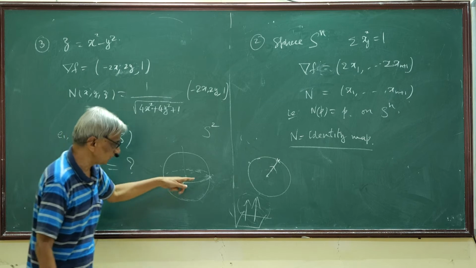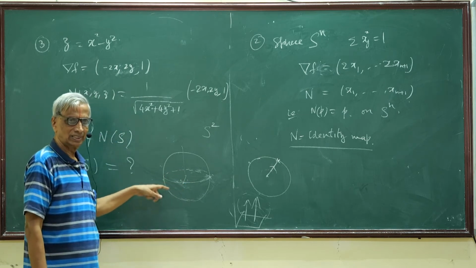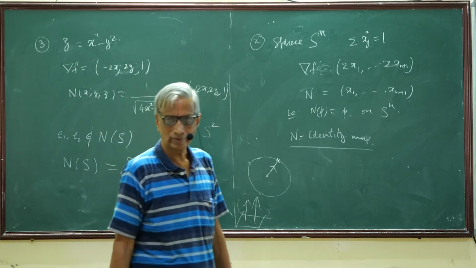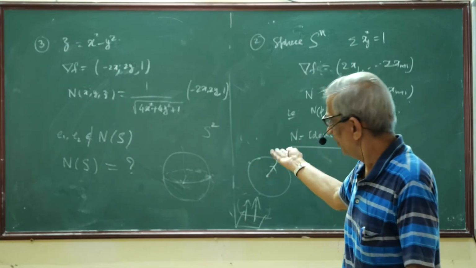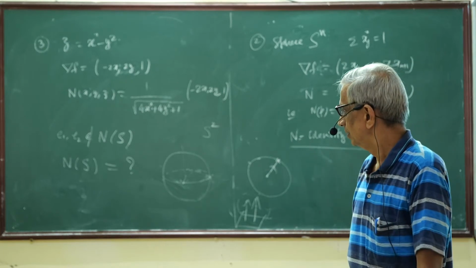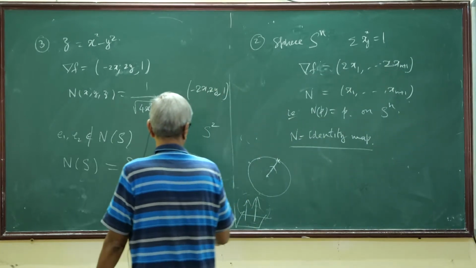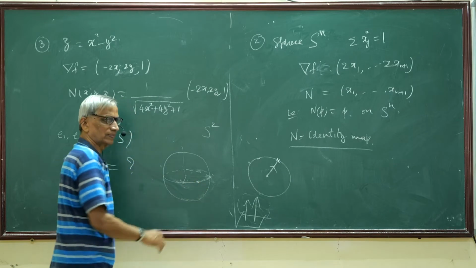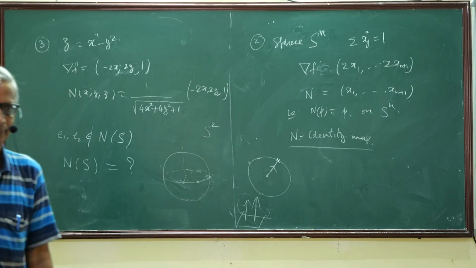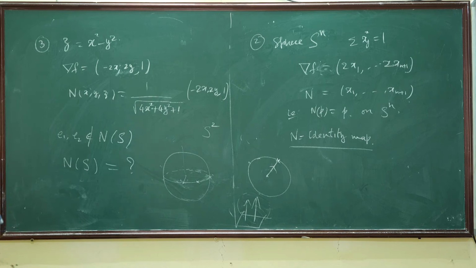Is there any point on this equator in the image? We have just said plus or minus E1, E2 are not in. None of the points on the equator lie in the image.